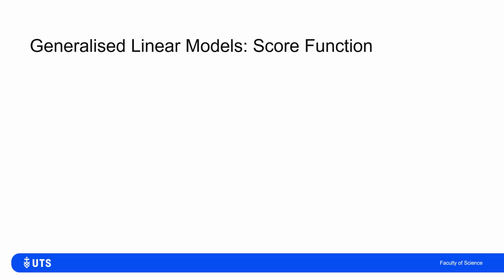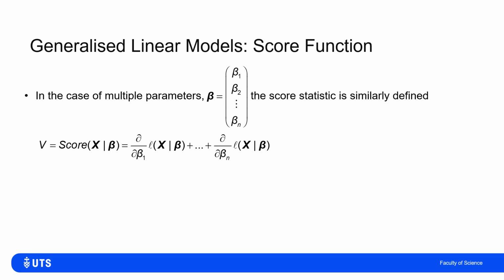We can extend this idea up not to a single parameter, but to multiple parameters. I've actually called the multiple parameters here beta 1 to beta n, although one of those could be an intercept parameter if I set the corresponding observation in the x to be locked to be a 1. But if I've got n parameters to estimate, then I've got this vector here.